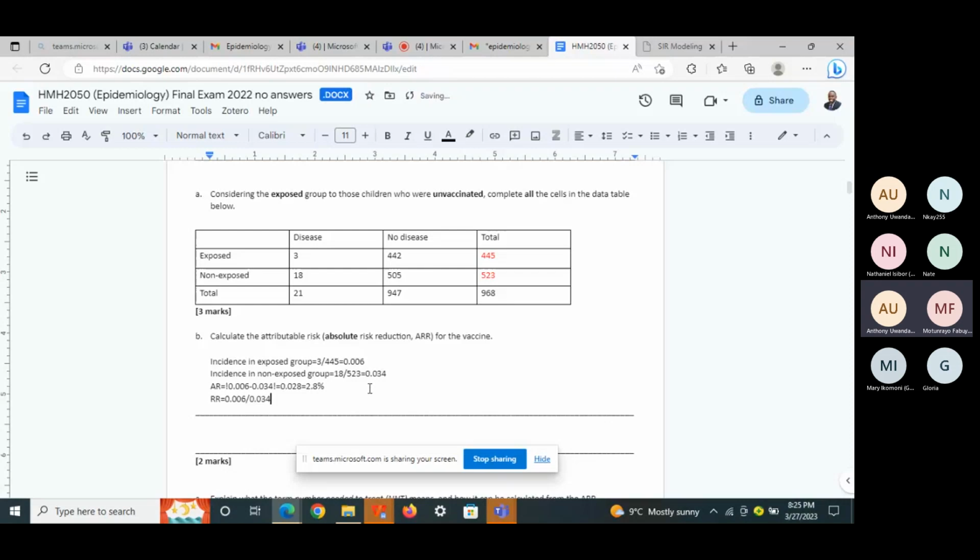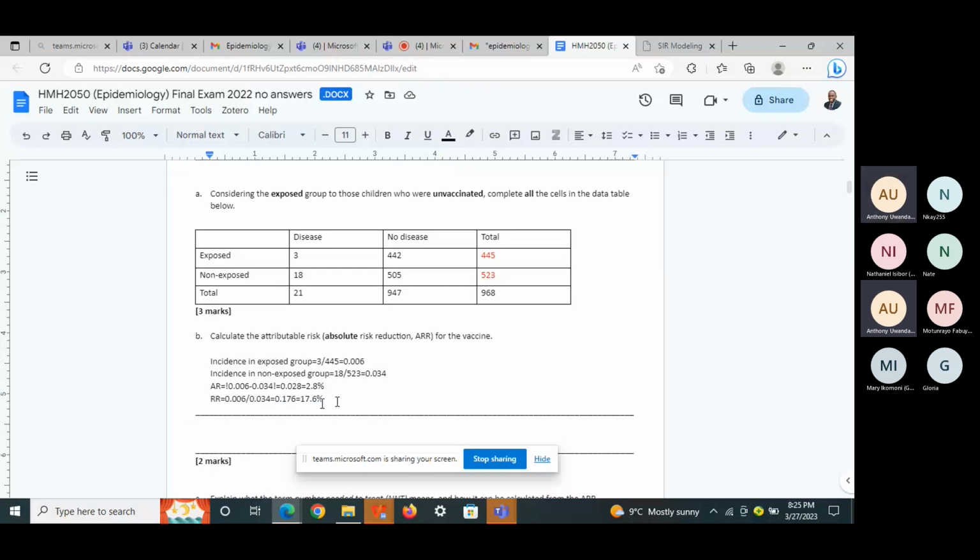So what's the answer here? 0.176. Okay, then times it by 100, 17.6. So that is risk in the exposed divided by risk in the unexposed.